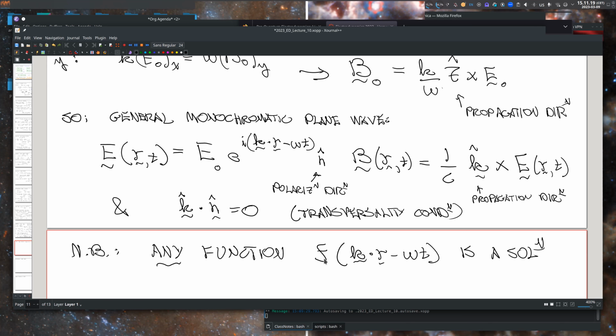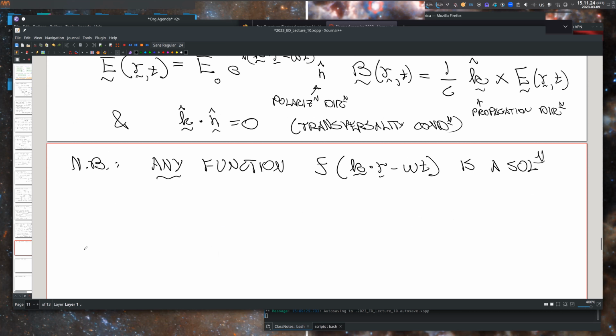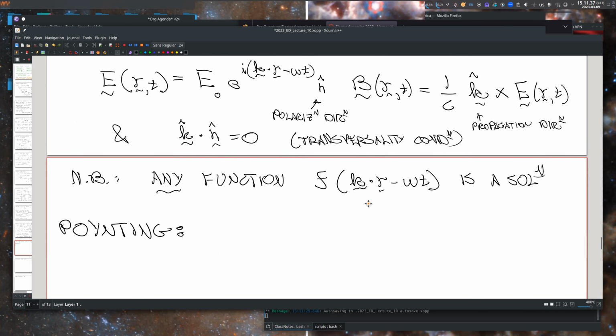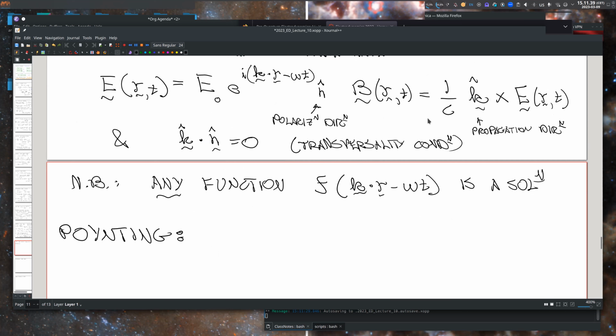Okay, so maybe a couple of final comments on this. So the Poynting vector: what I need to do is 1 over mu 0 E cross B. But if I do E crossed into B, I'm going to get again the propagation direction, right?